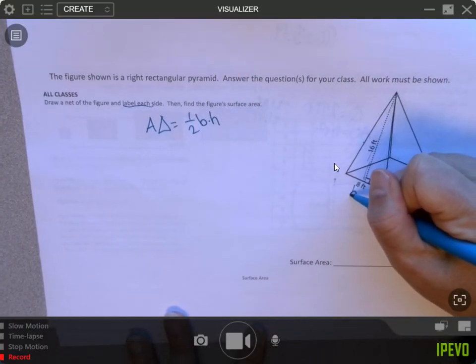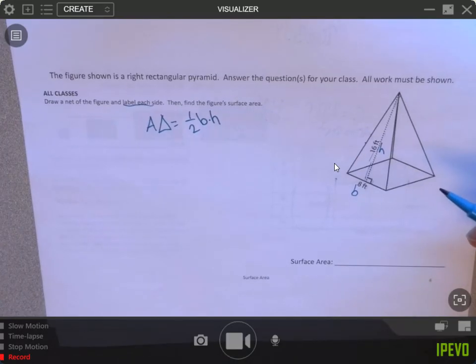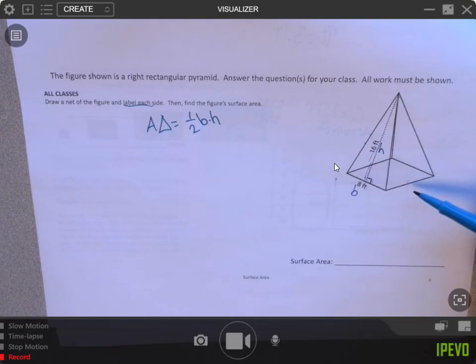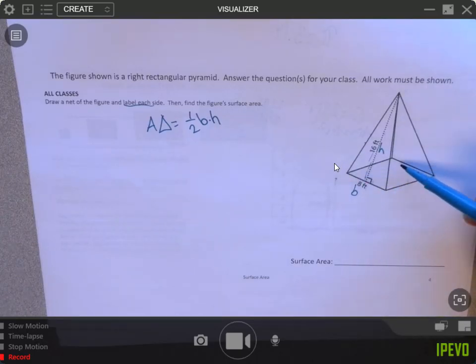This is our base, this is our height. So find the area of each of those triangle sides, find the area of that rectangular base, which is actually a square, because they only give us that one side of 8, so we know that they're all 8. Okay. So find all 5 of those areas. There are 5 faces here. Add all of those areas together for your surface area.